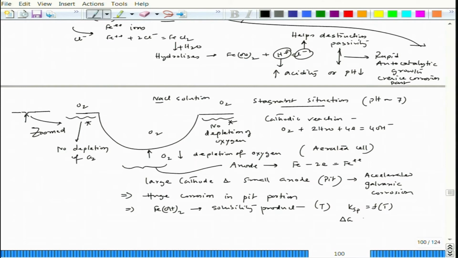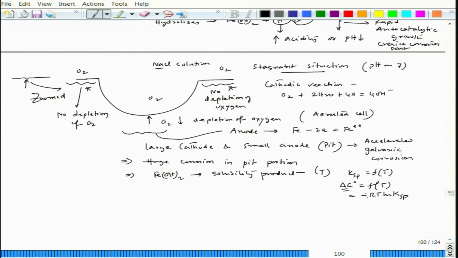Because delta G is a function of temperature, and this is basically minus RT ln Ksp. So this is related to the free energy, and it becomes a temperature function with pressure constant. If the solubility product is exceeded in that particular section, the rest of the iron will start coming up extra.